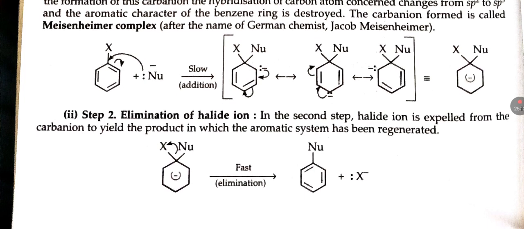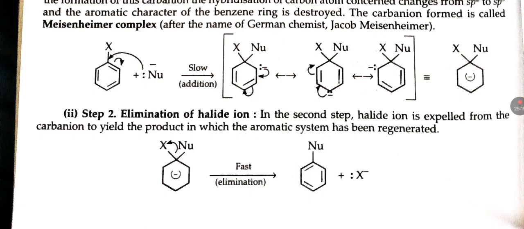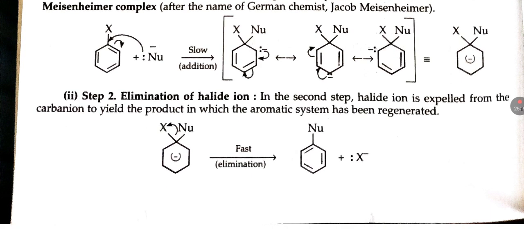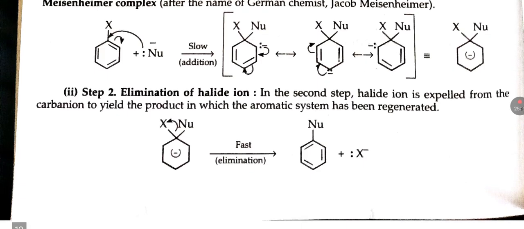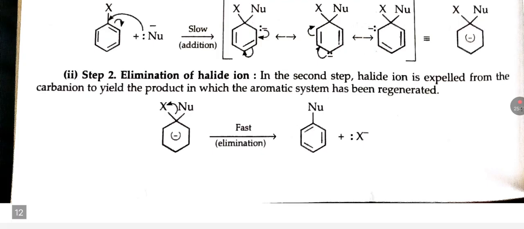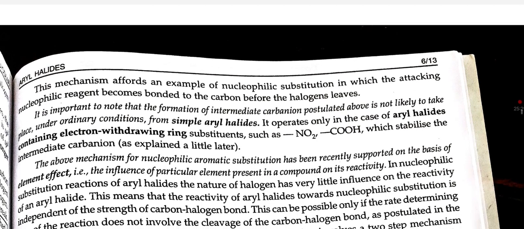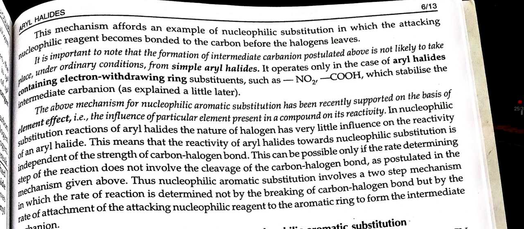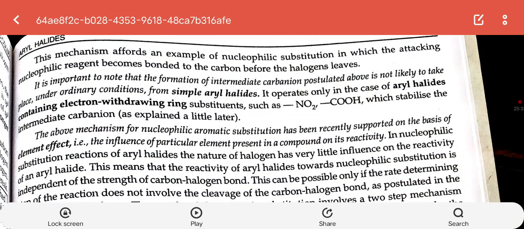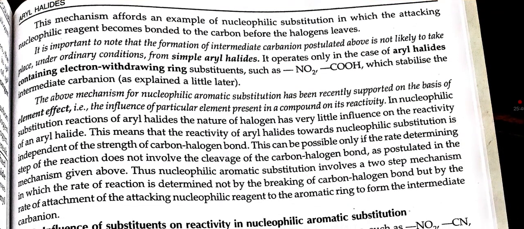The carbanion formed is called Meisenheimer complex. Step 2, elimination of halide ion. In the second step, halide ion is expelled from the carbanion to yield the product in which aromatic ring has been regenerated. This mechanism affords an example of nucleophilic substitution in which attacking nucleophilic reagent becomes bonded to carbon before the halogen leaves.